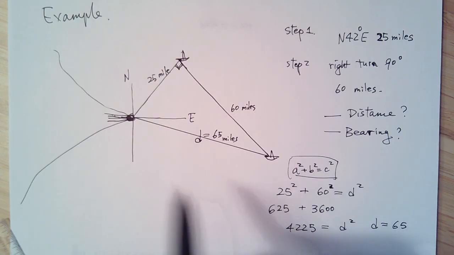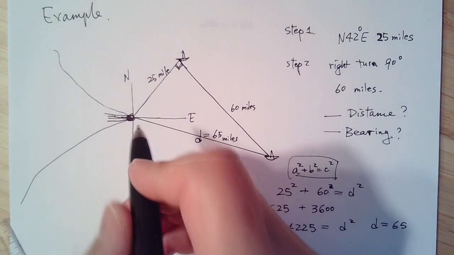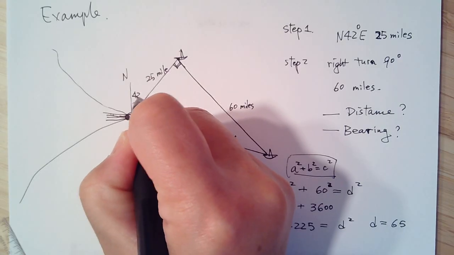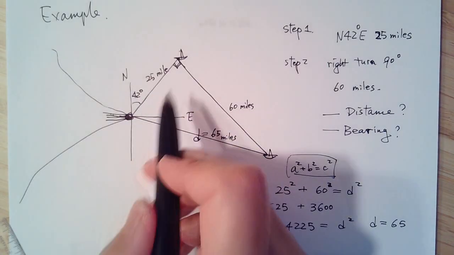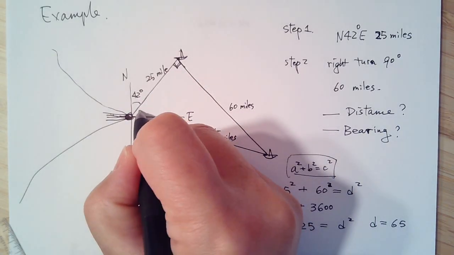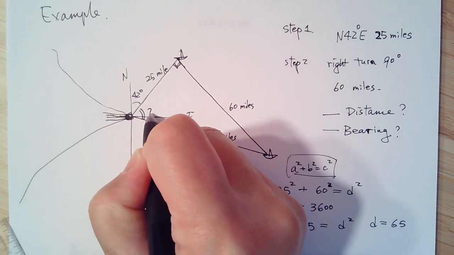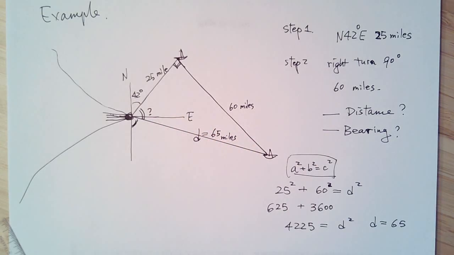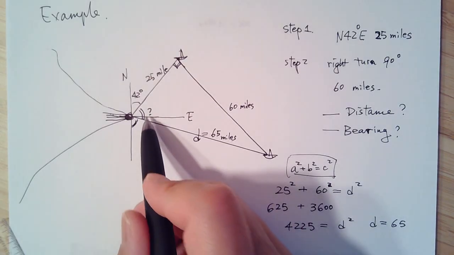What is the bearing? Which means what direction? Okay, so here is 42 degrees, right? And here's 90 degrees. If I could find what this angle is, then I will find the direction, because these three angles add up to 180. How can you find that?